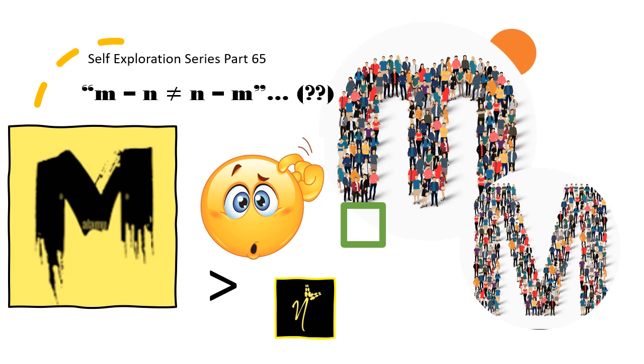So however it looks, even if N seems to be taking at times, it is always a giver. And M, even if it seems to be giving at times, it is always a taker.